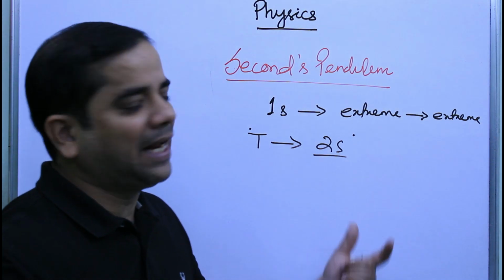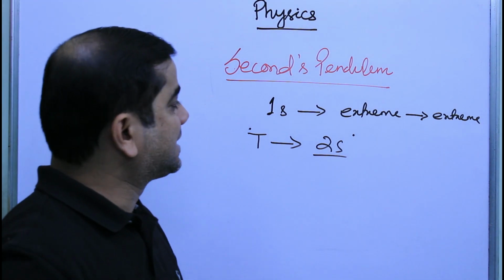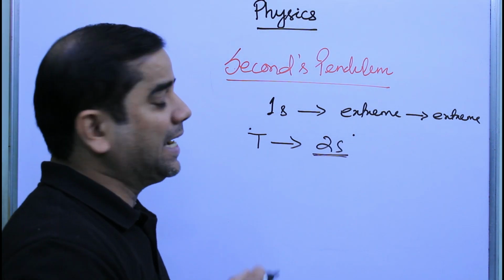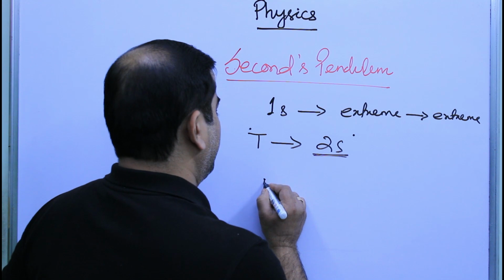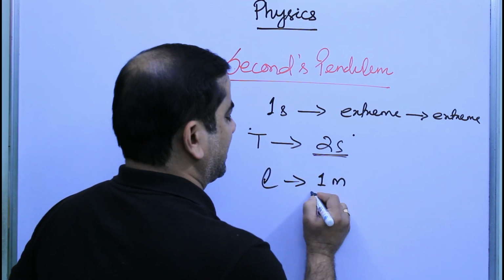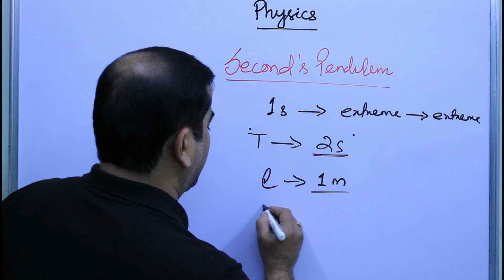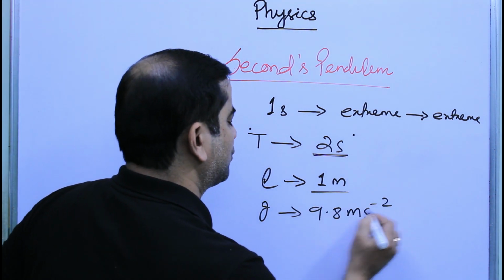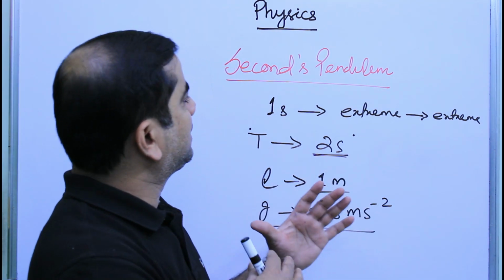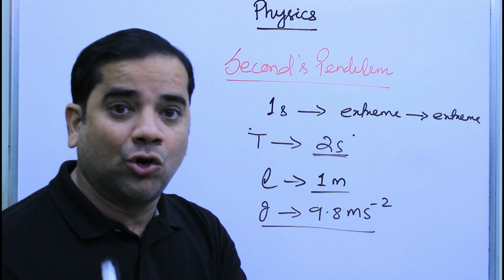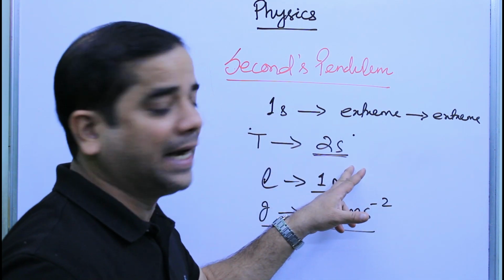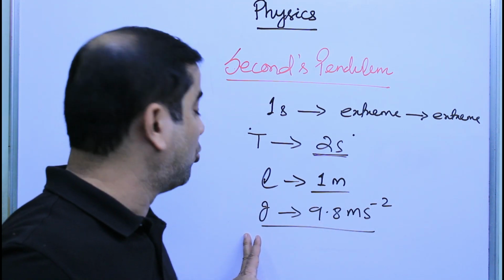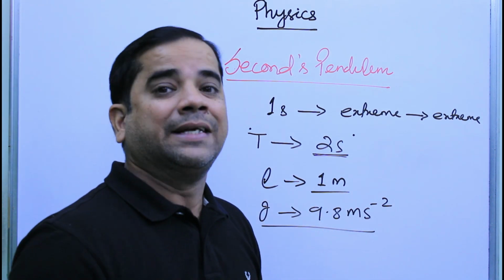That means any pendulum which has a time period of 2 seconds is called a seconds pendulum, and it has an effective length of nearly 1 meter, and the acceleration due to gravity is 9.8 meter per second squared. From this we can represent a seconds pendulum as a pendulum having a time period of 2 seconds, effective length of 1 meter, and acceleration due to gravity, a constant value, that is 9.8 meter per second squared.